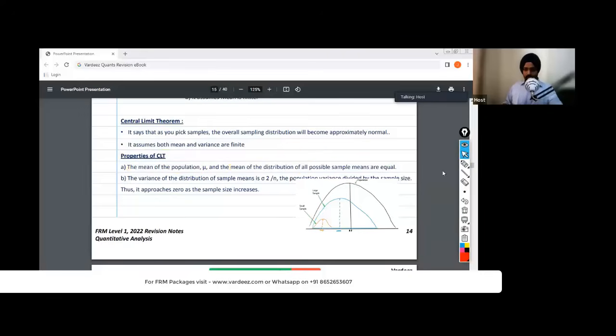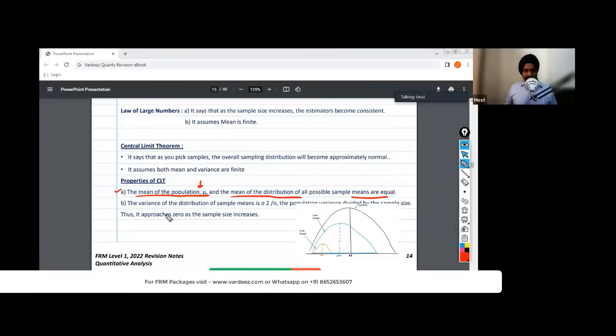That's the first property. The second thing: the variance of the distribution of sample means is sigma squared over n, which we saw in unbiasedness. The population variance divided by the sample size, thus it approaches 0 as the sample size increases.